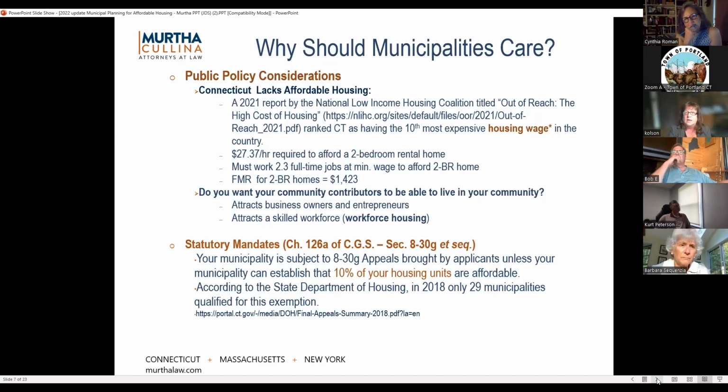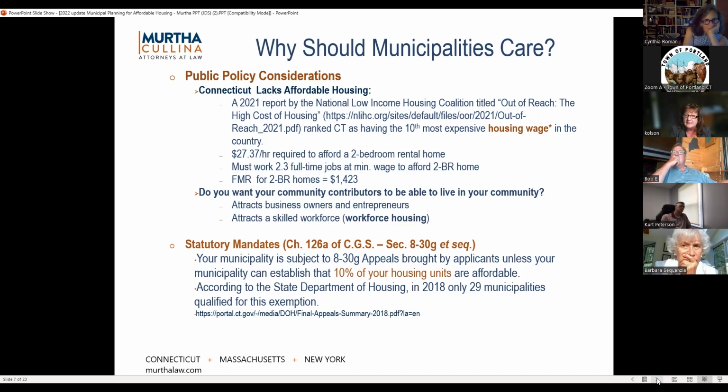So why should municipalities care? Well, of course, there's the public policy considerations. As we've talked about already, Connecticut lacks affordable housing. And in 2021, when we put this PowerPoint together, Connecticut ranked 10th most expensive housing wage in the country.